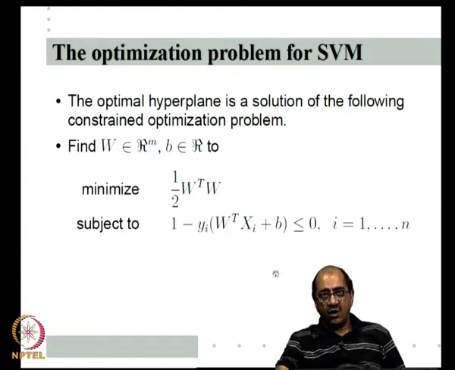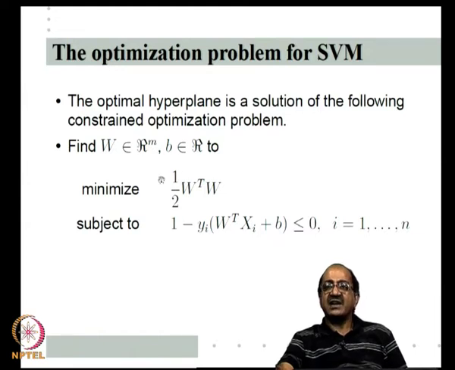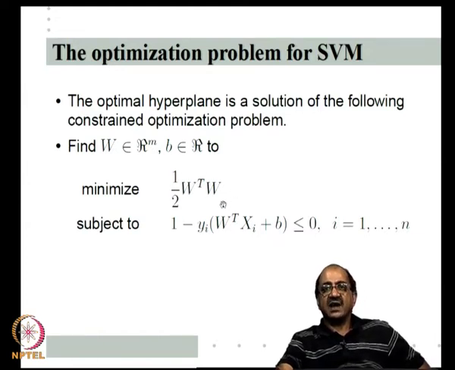Hence, among all such (W, b), if I minimize this, then I am finding a separating hyperplane which has the maximum margin of separation, meaning the closest training pattern is farther away for this hyperplane compared to any other separating hyperplane. So, that is why it is a constrained optimization problem. Among all separating hyperplanes, that is all (W, b) satisfying this constraint, find the one which has the maximum margin of separation. This is the optimization problem.